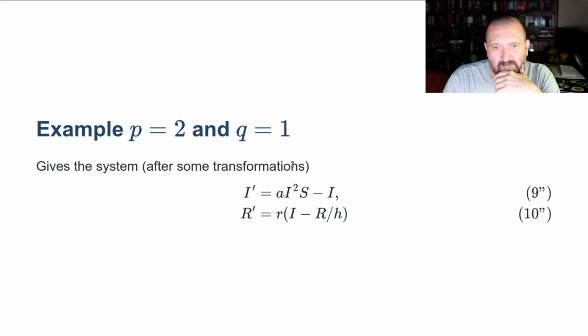Looking at p equals 2 and q equals 1 in that incidence function, after some transformations, they get this system here. Not going to spend a lot of time on this. I'll just point out the type of behavior that they observed for this system in the I-R plane.